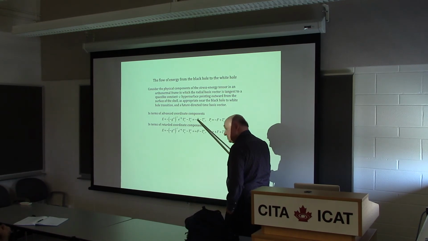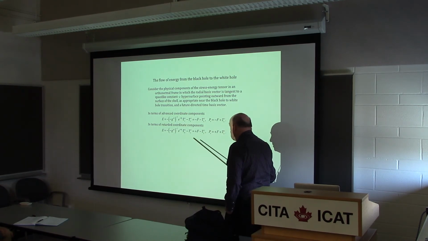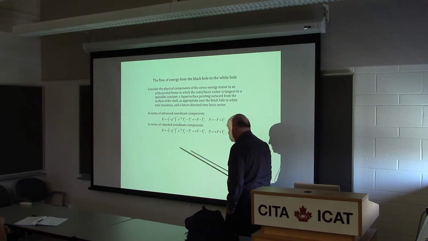So you expect F to change sign: if it's positive in the black hole, it should become negative in the white hole. Okay. Now, if the flow in the white hole is at constant retarded time, then TUZ is going to represent the flow along.